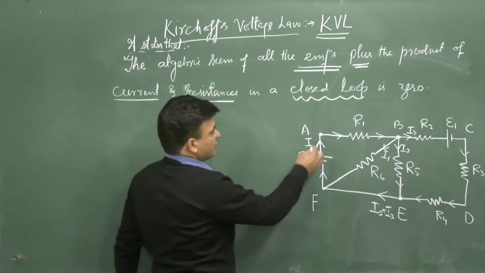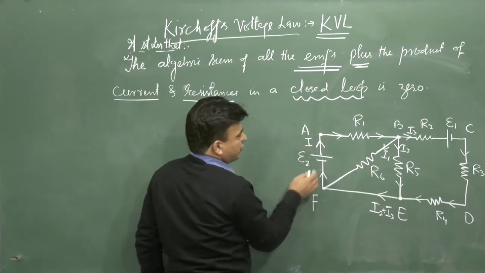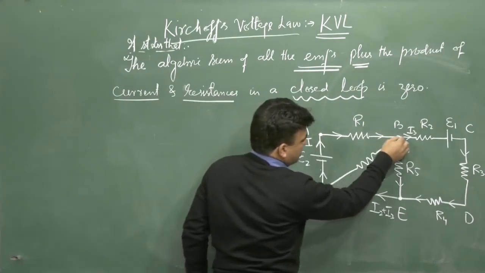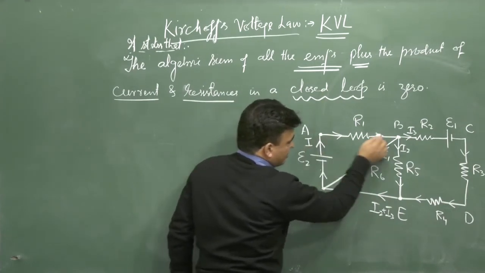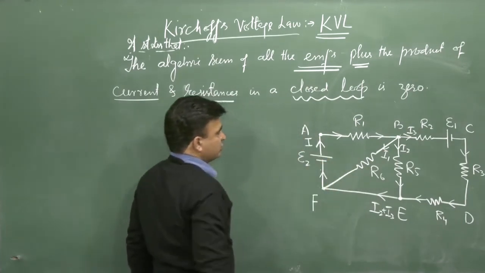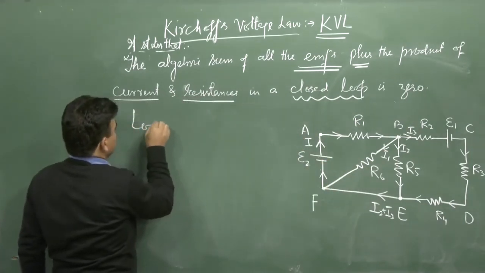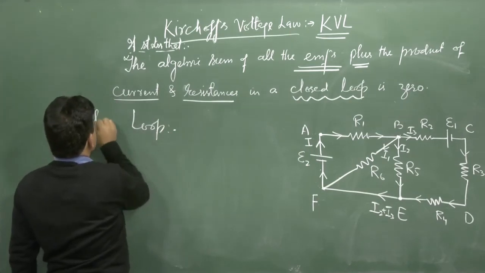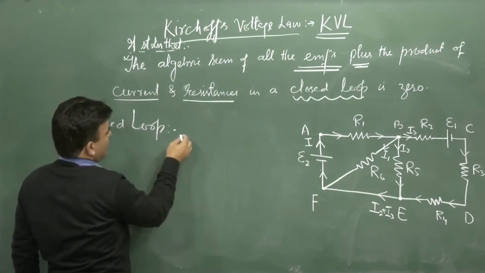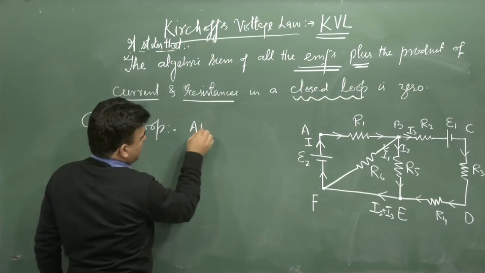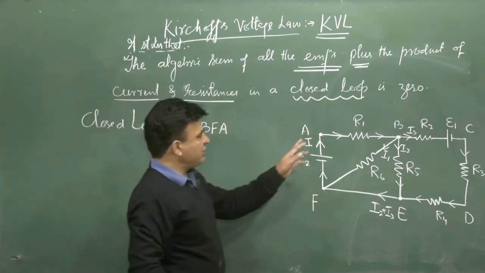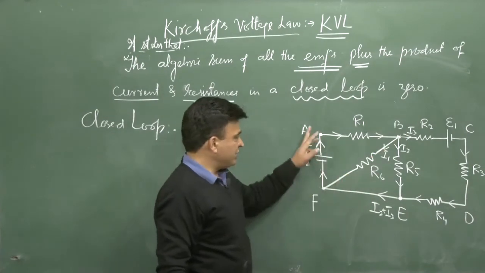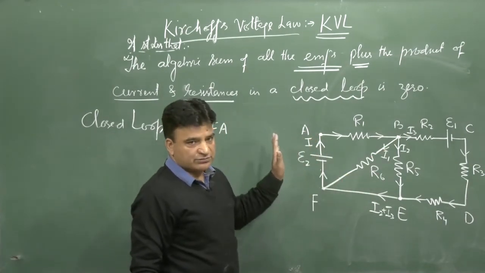For example, going from A to B, then B to F, and then F to A, we can call this a closed loop. So the closed loops are, number one, A, B, F, A. Where you start, you have to reach there again, irrespective of the path followed.